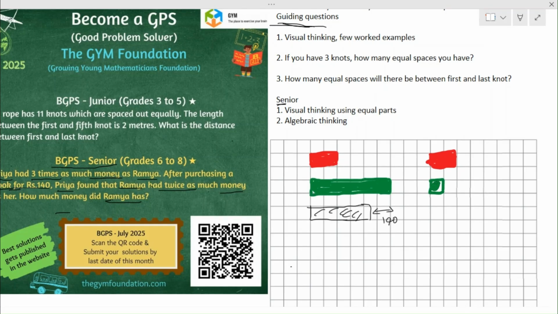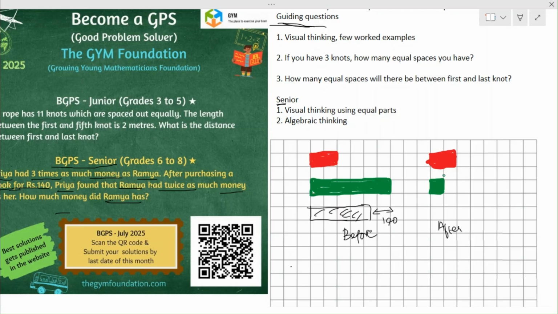If Priya has just one block, then Ramya should have two blocks because this is after. So I'll write it here: this is before purchase and this is after purchase, right? After purchase, Priya got one, half of Ramya, or Ramya got twice of Priya. These are good terms that you should use interchangeably to make your understanding better.